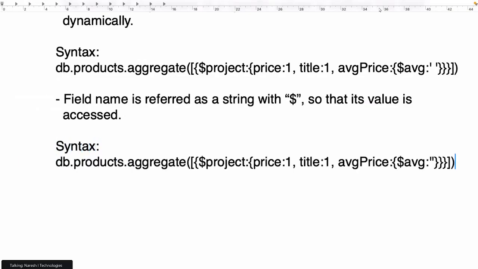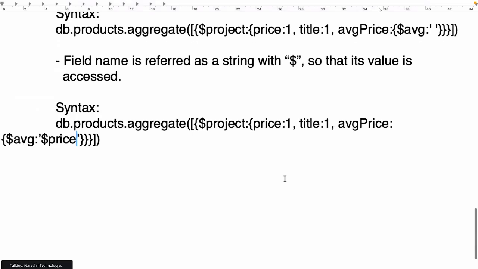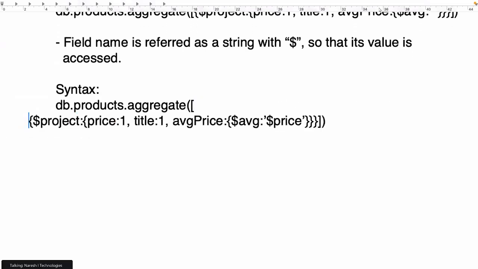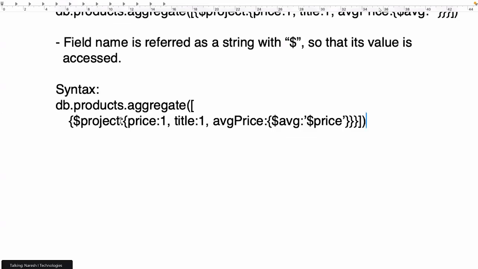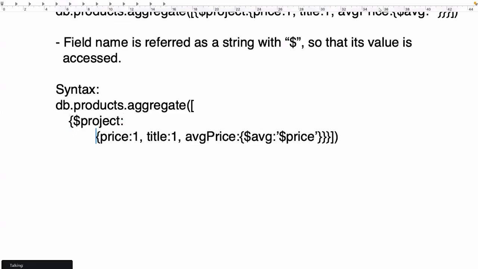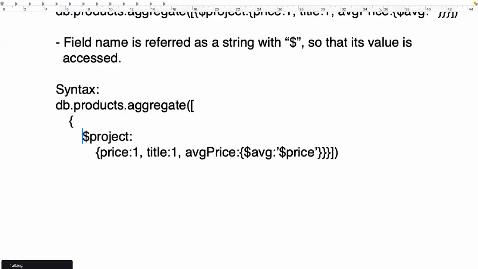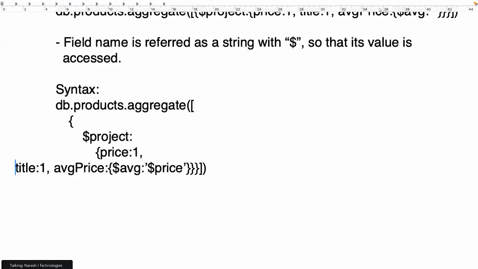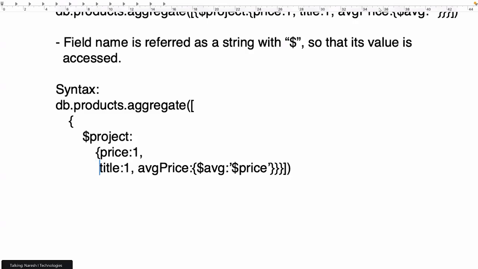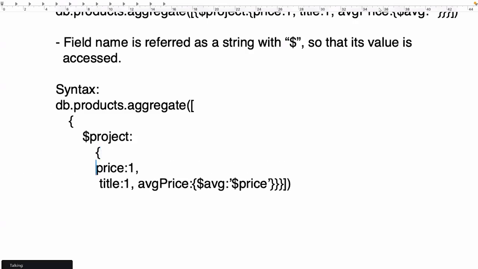Syntactically, we have to mention the field name like this, dollar price. That's how we define the field. Just for your clarity's sake, I will put all of them line by line: price, title, so that it gives a little clarity.